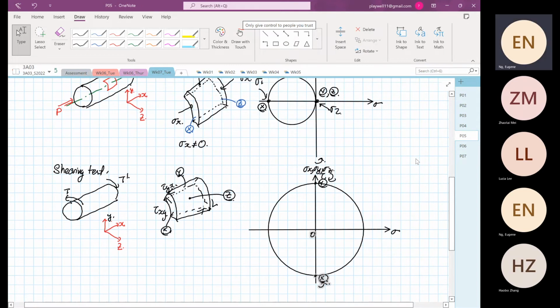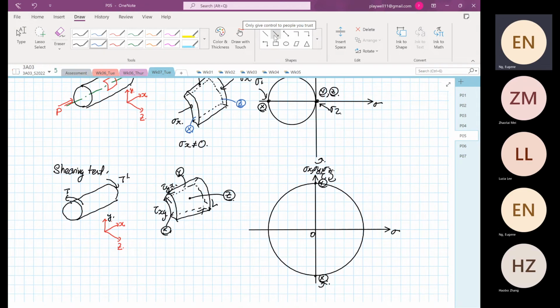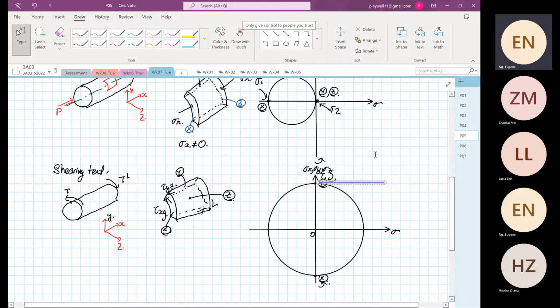Okay, so what we tend to report when we do shearing stress is we will report the what? We will report the tau max. Okay, we'll report the tau max.